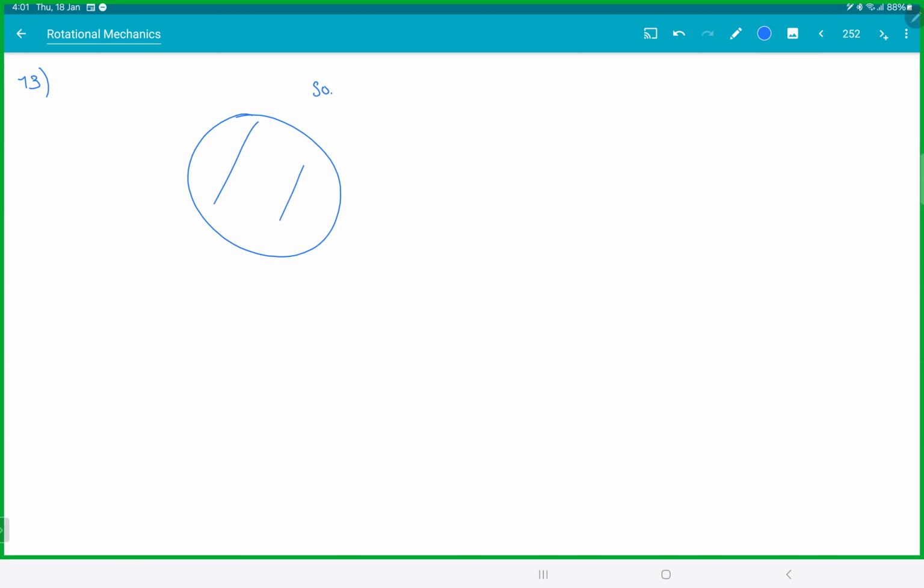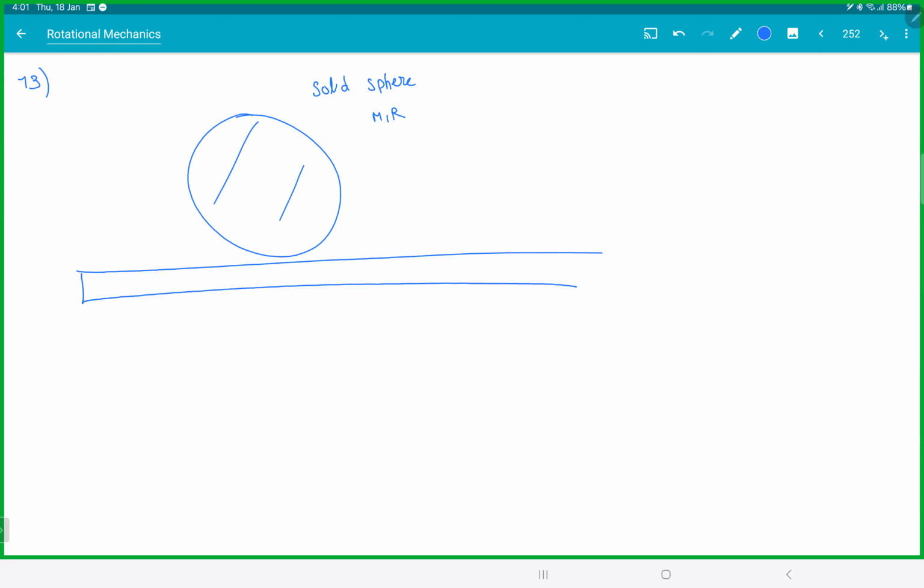We have a solid sphere, mass m, radius r. There is a plank here, 2m. It's a long plank. This is rough.